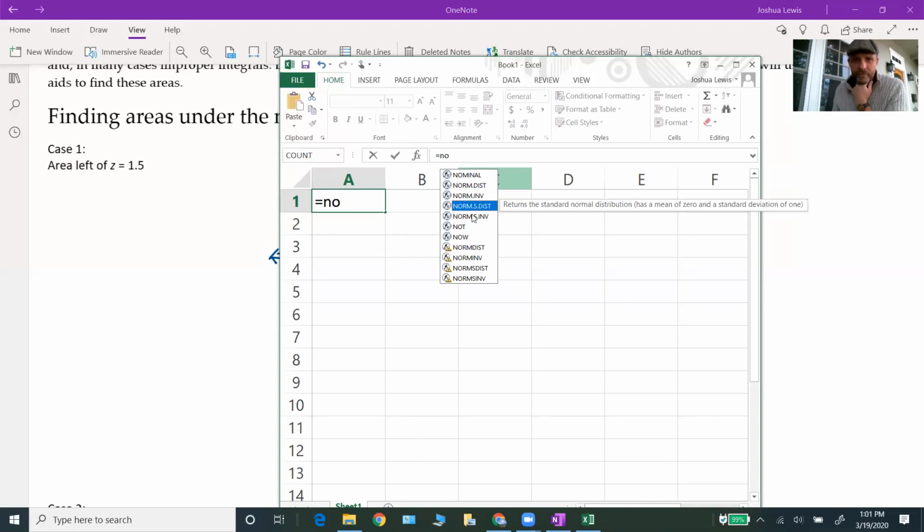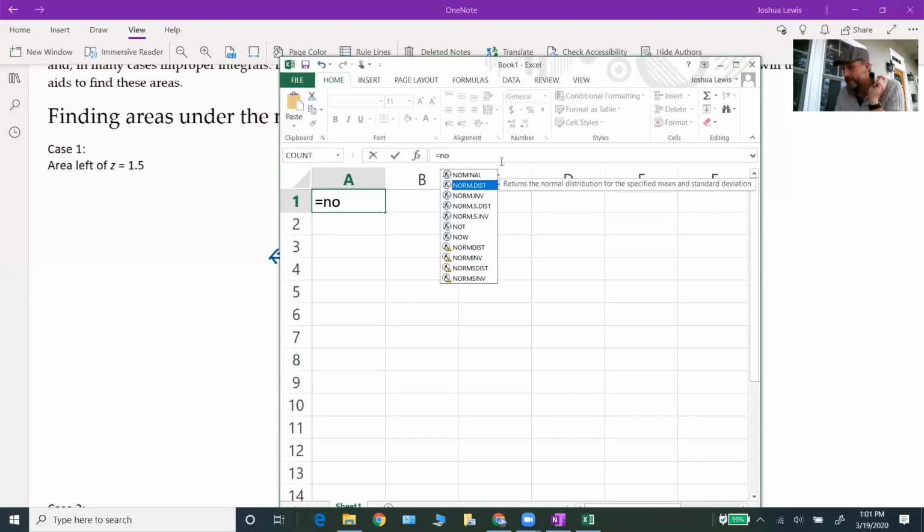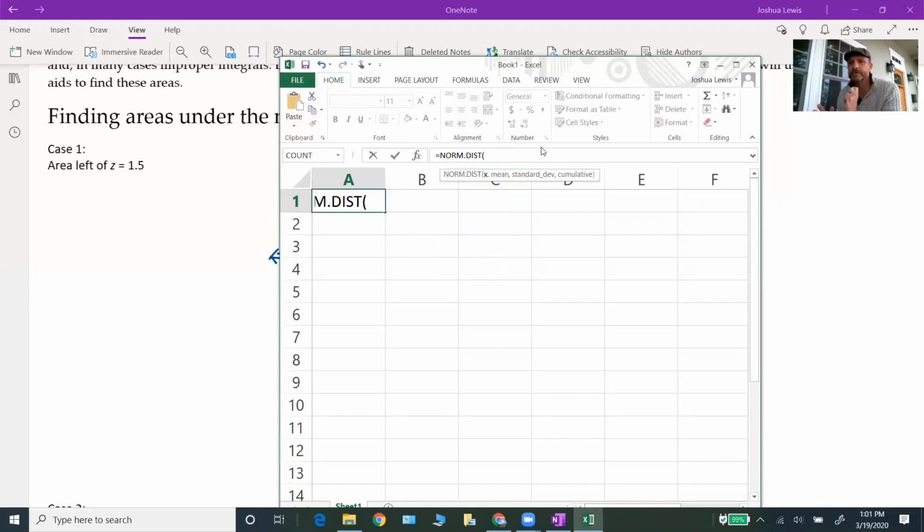If I use norm.s, Excel is going to automatically assume a standard deviation of 1 and a mean of 0. In other words, it's going to assume you're talking about z-scores. If I use norm.dist, then I have to tell it the specific mean and standard deviation. So I'm going to actually show you this one just because you'll be able to use it throughout any context.